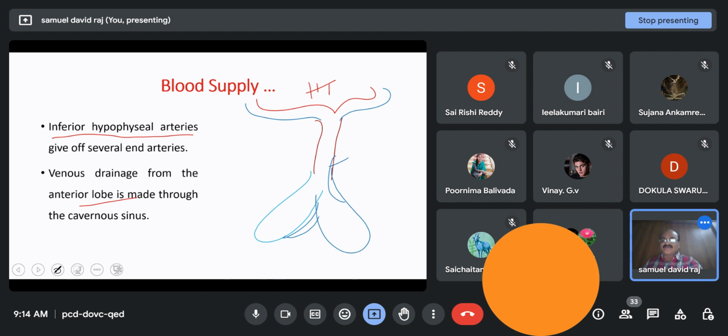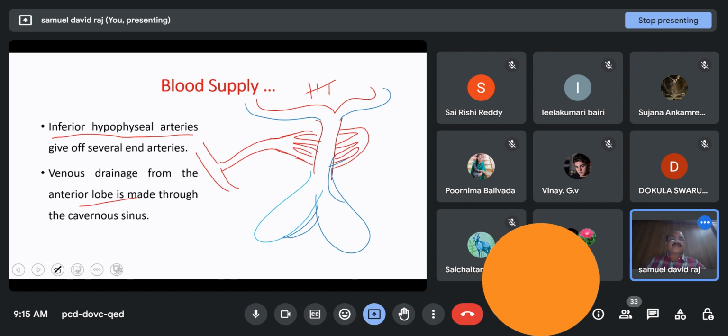Now what happens is the internal carotid artery starts from the brain and divides to form a number of blood capillaries. These blood capillaries around the infundibular stem form a capillary plexus.